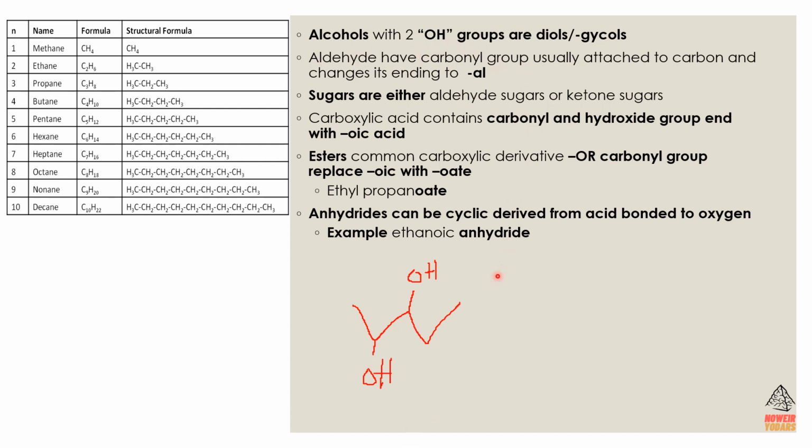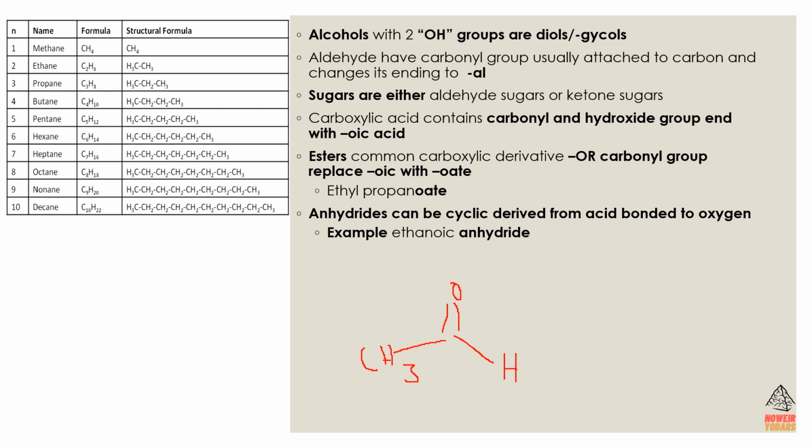So let's say you're naming something. Let's say this was, what did we say the aldehyde is? The aldehyde is basically double bonded oxygen, and then there needs to be an H, and there needs to be an R group. So we're going to just choose methyl.